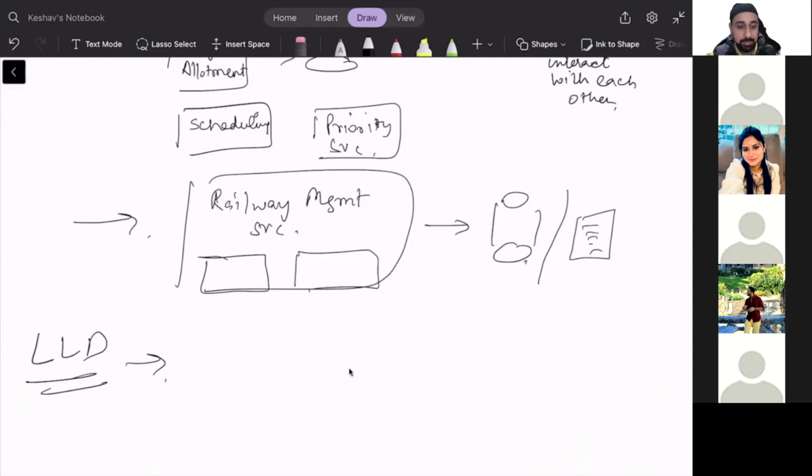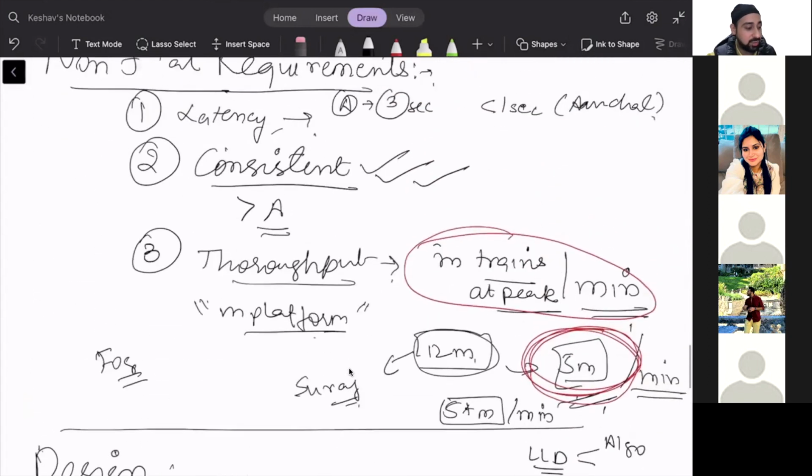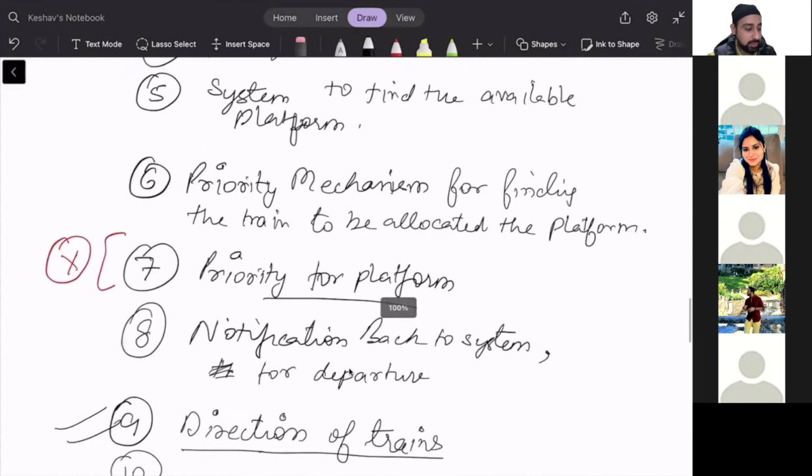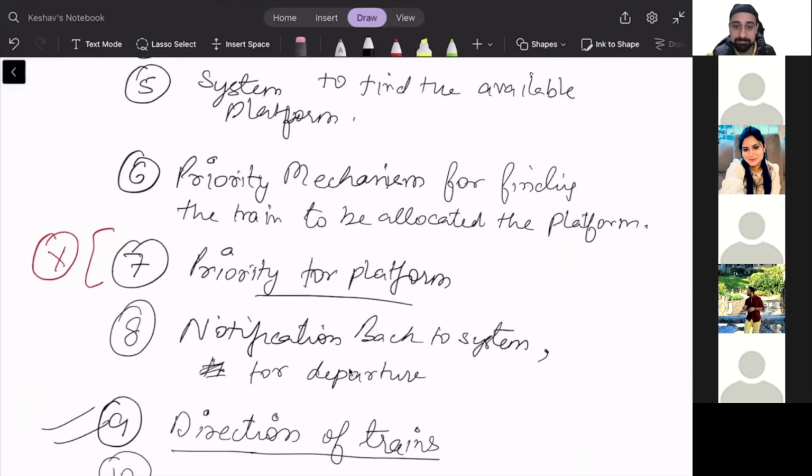Okay, let's take time and try to solve LLD. Let's try to solve how you would allocate trains that are coming to a platform, and how you would ensure that your functional requirements are met. I can take a snapshot and paste these requirements in the chat, or if everyone is aware of them, that's fine also.